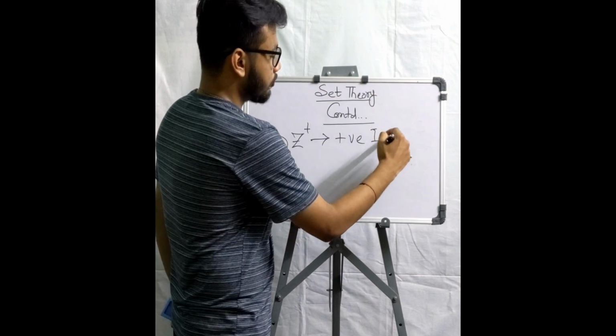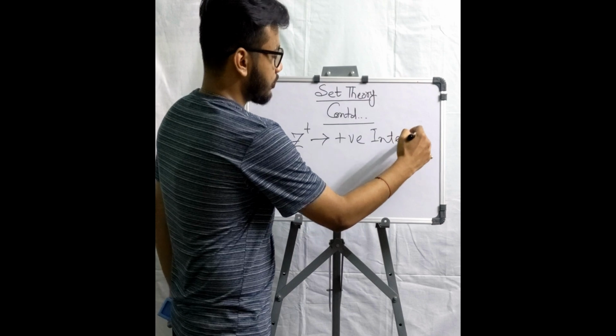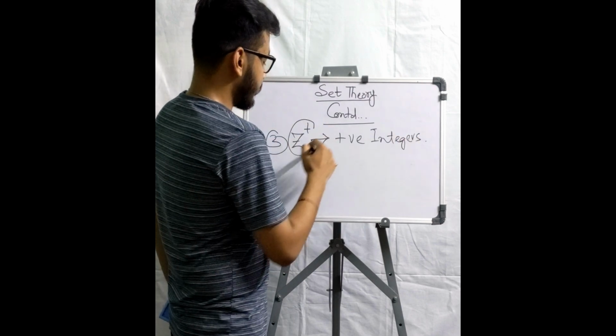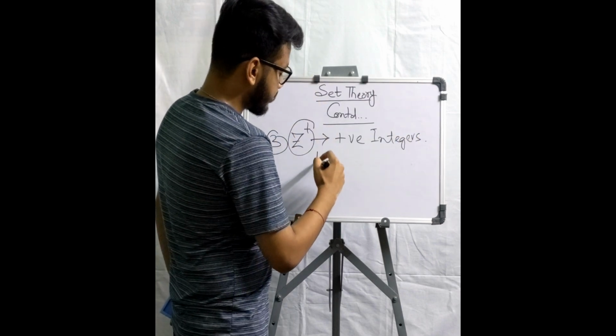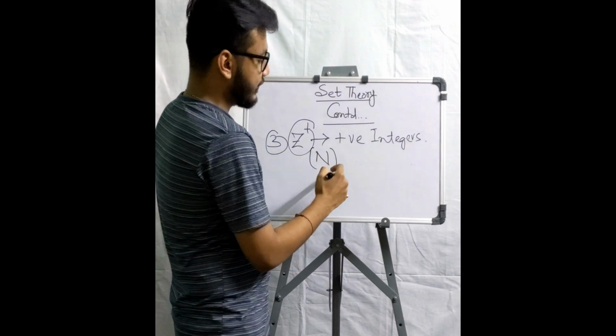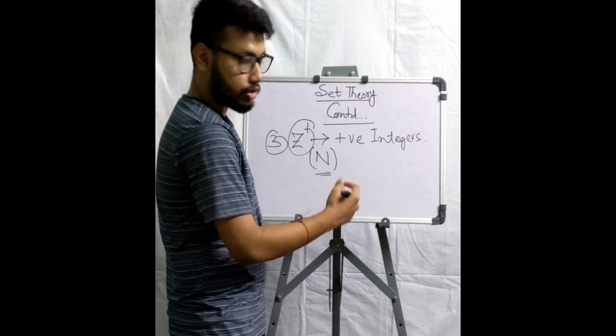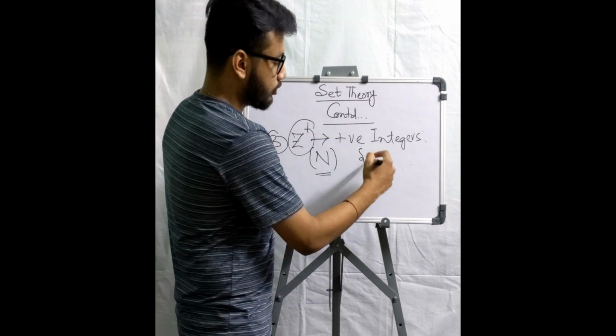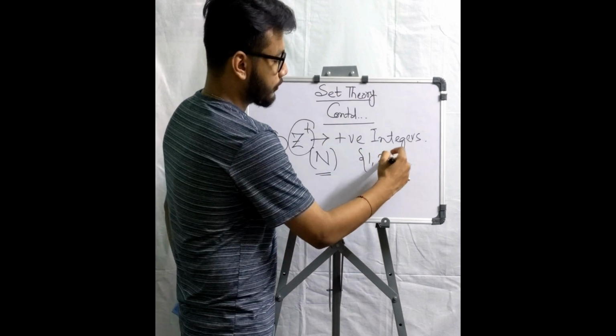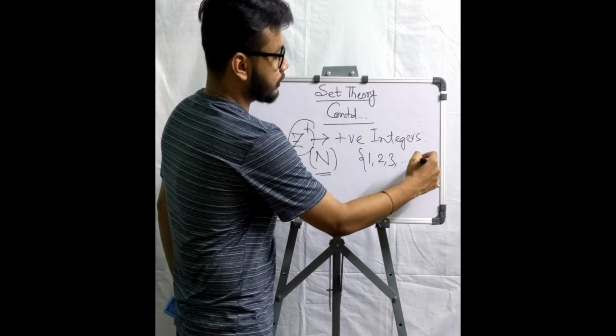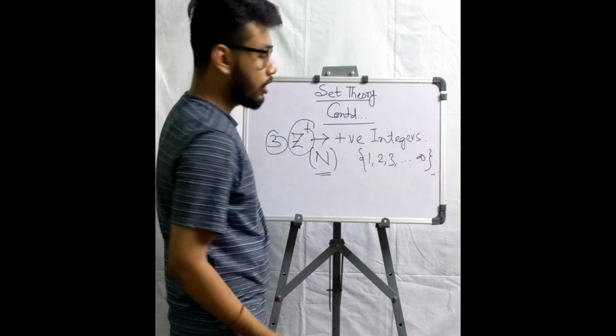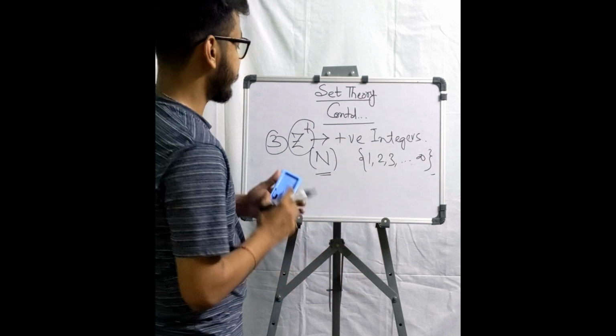Now understand that positive integers Z plus and natural numbers N are used interchangeably, so they don't have different meanings, they are the same. Positive integers also start from 1, 2, 3 and go till infinity. So these are positive integers.